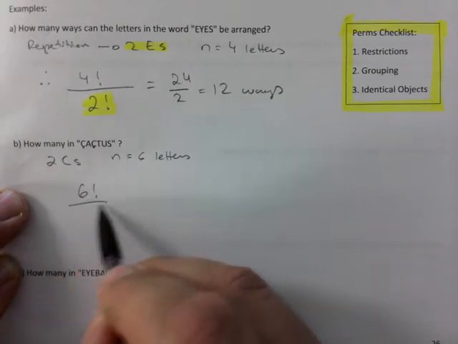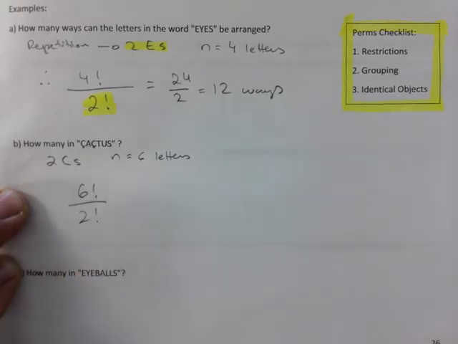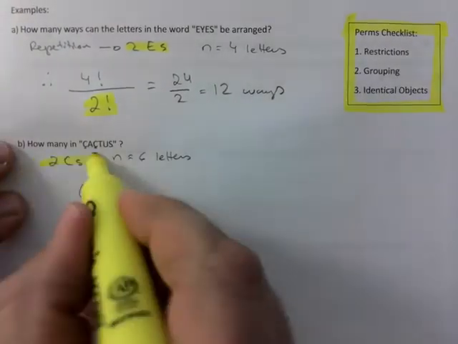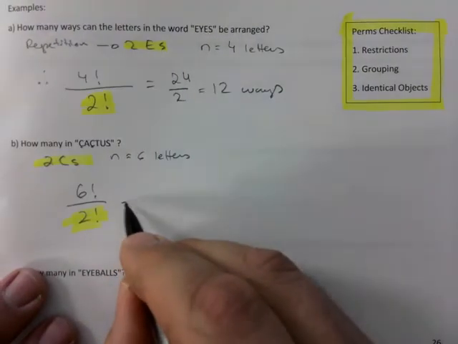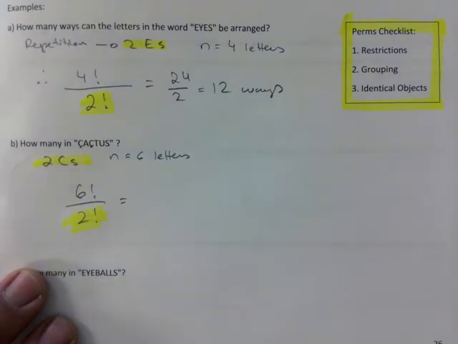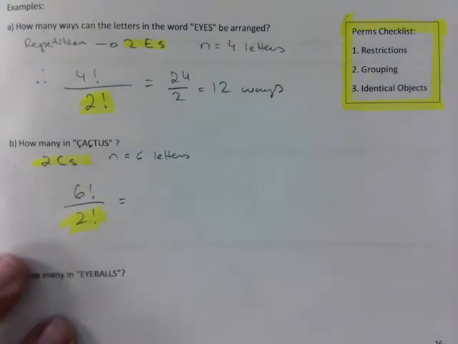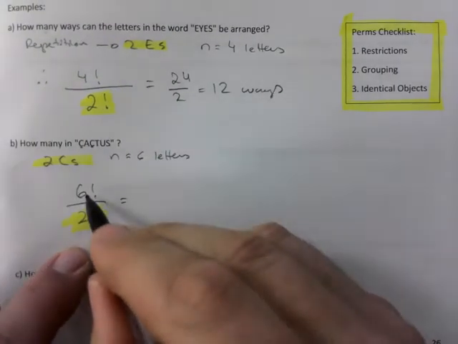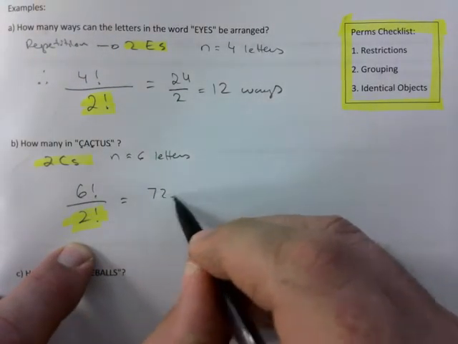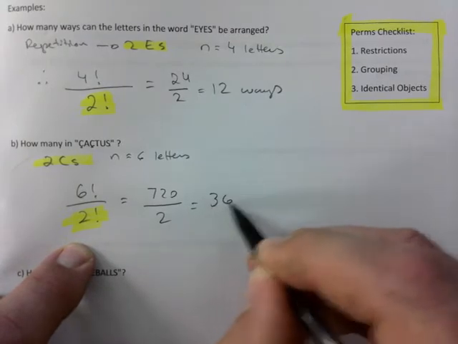So 6 factorial divided by 2 factorial. Again, 2 C's, and that's what we divide out. We did Mississippi on Friday, and that's a good example that sums it all up. So 6 factorial is 720 divided by 2, that's 360 ways.